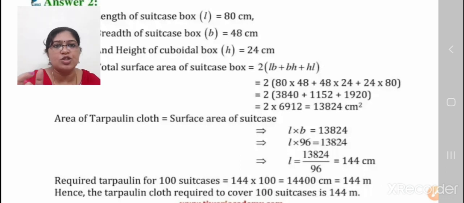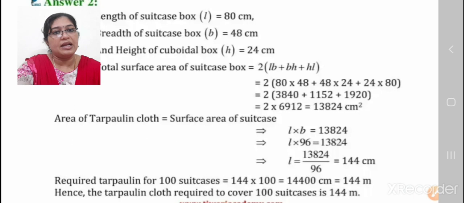Now, required tarpaulin for 100 suitcases is equal to 144 into 100. 144 centimeter is for one suitcase. So for 100 suitcases means 144 into 100. Okay, so it will be 14,400 centimeter. So centimeter should be converted into meter because the question asked how many meter of tarpaulin is needed.